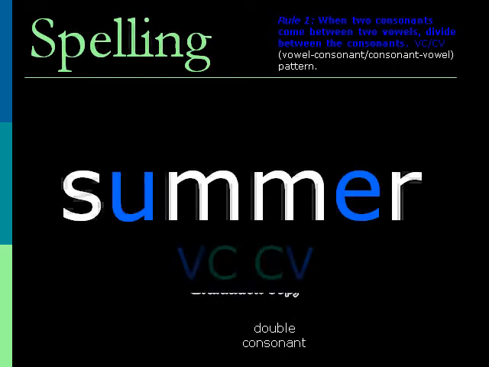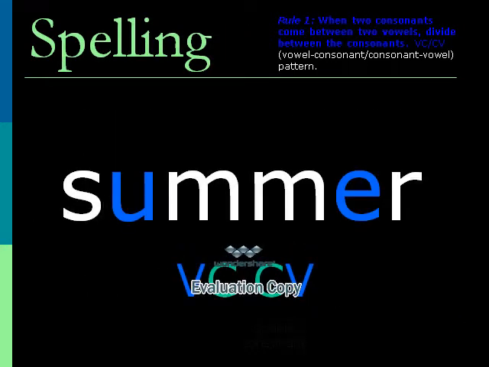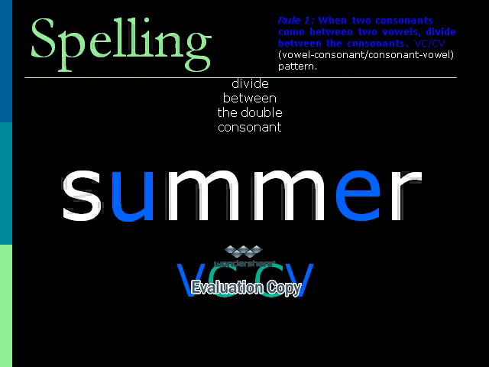Click under the arrow to hear each word. Now let's get into our third group of spelling words, and as we see here, this is the word summer. And the rule here is rule 1. When two consonants come between two vowels, you divide between the consonants, which is the VC, CV, vowel, consonant, consonant, vowel pattern.